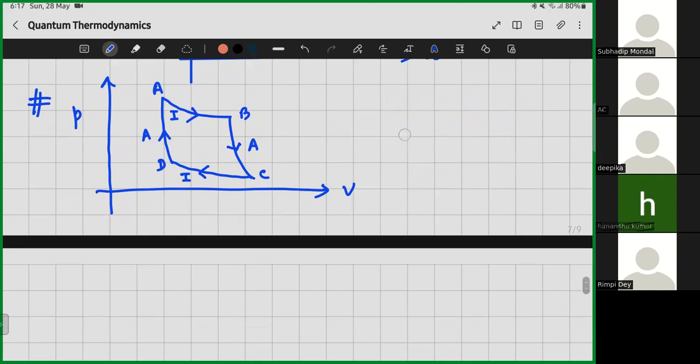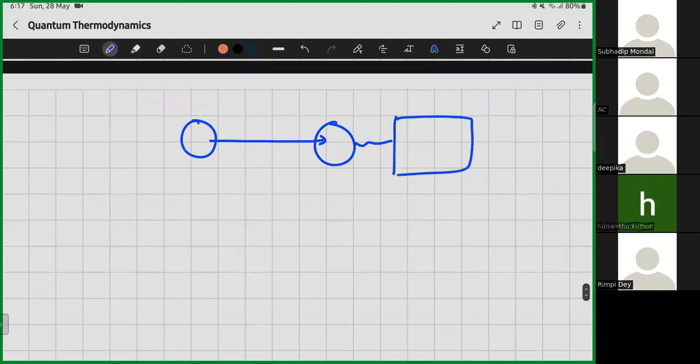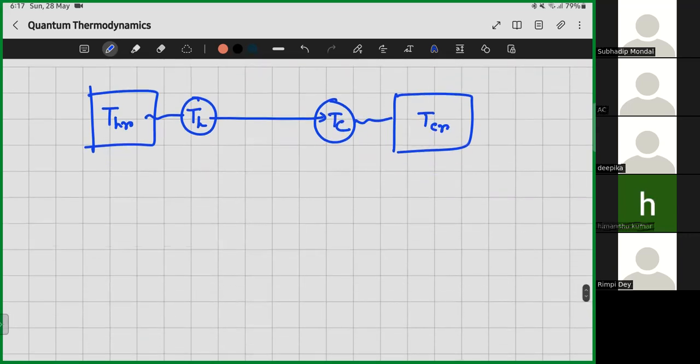Let's say we know the Carnot engine, right? Here is a system, and heat flows from the hot bath to the cold bath. This is connected with a reservoir, and this is connected with a reservoir. This is our system temperature, hot bath, and this is our reservoir, THR, this is TCR, this is TC. Then we can define the finite time.